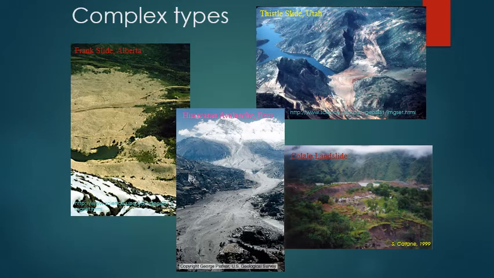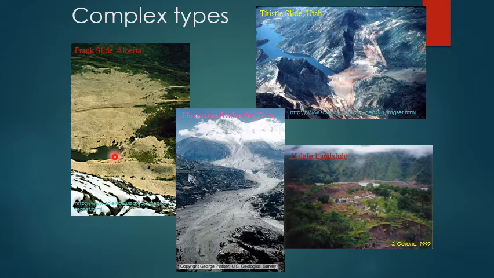Next is complex types of landslides. Complex types are a combination of different mechanisms. They can transition from one type to another, for example, from sliding to falling to avalanching.